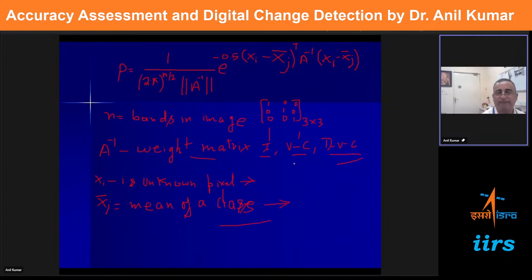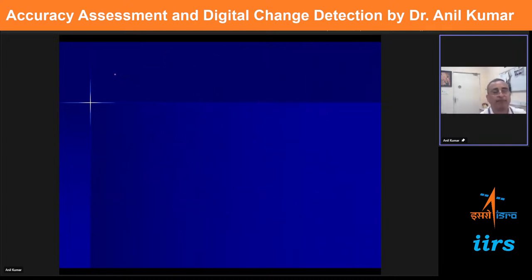For water, we should have one variance covariance matrix, and for agriculture, we should have again one more variance covariance matrix. The formula I can write, suppose if we have 3 bands, my A inverse will come like R11, R12, R13, R21, R22, R23, R31, R32, and R33.